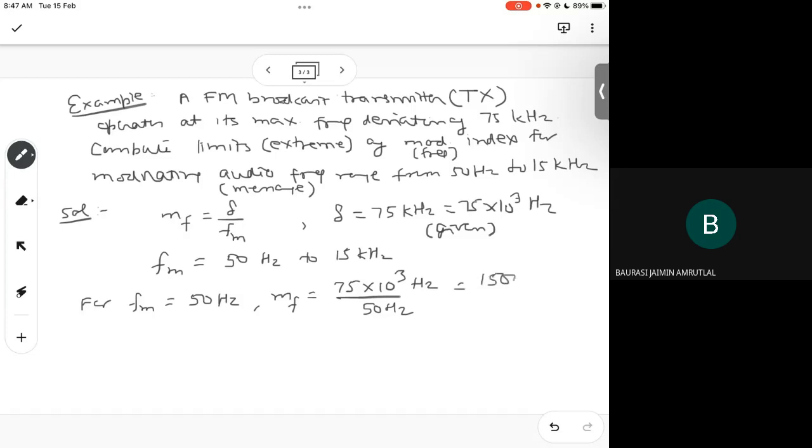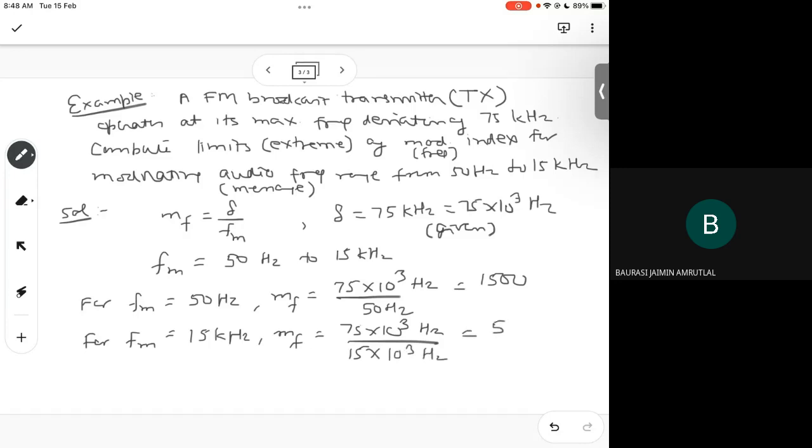So it is 1500. And if I have the other range of my audio frequencies, because as I said, my speech signal could vary over various frequencies, like in an orchestra or so on, this becomes 75 into 10 to power 3 hertz divided by, oh sorry, it is 15 kilohertz that is given. So I put it as 15 into 10 to power 3 hertz, and it becomes 5.